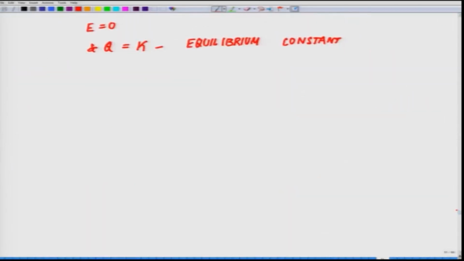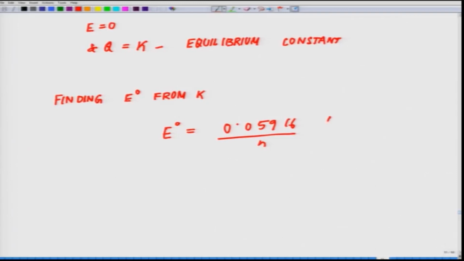So, what you are getting in that situation, you are finding E0 from K, that makes it E0 equals 0.05916 divided by n times log K.